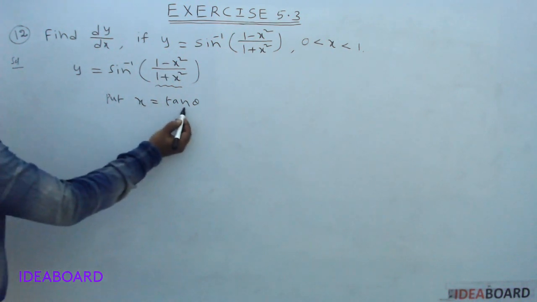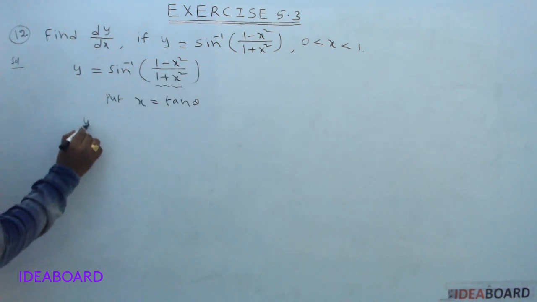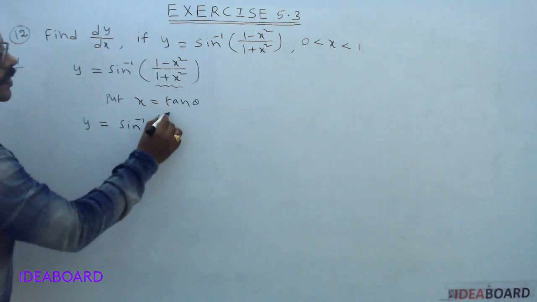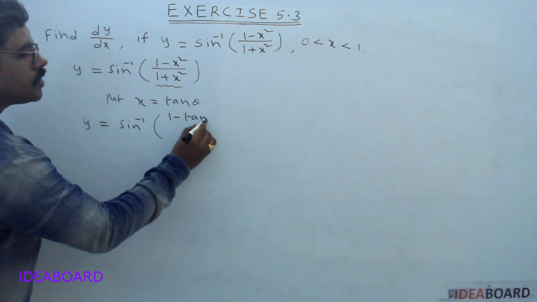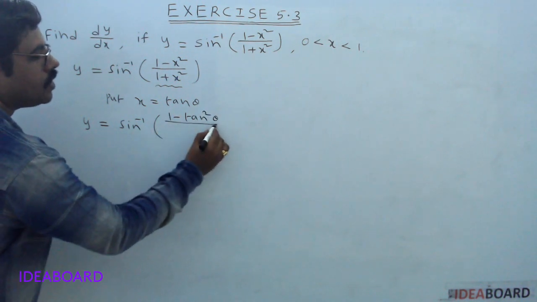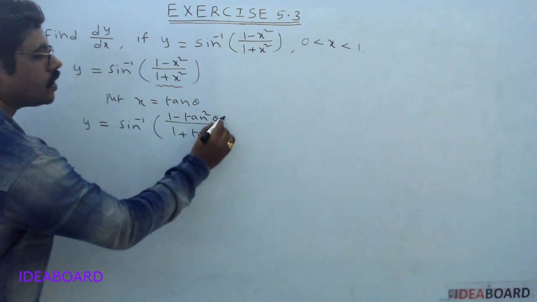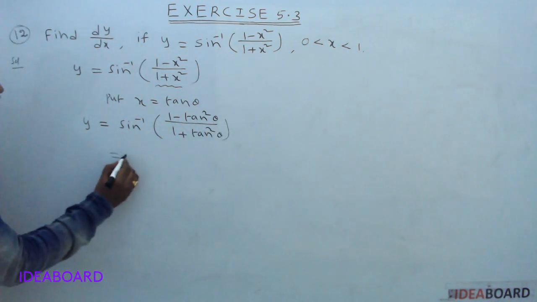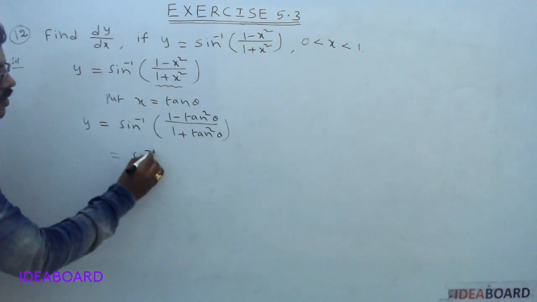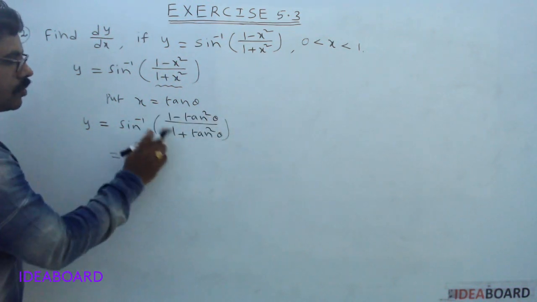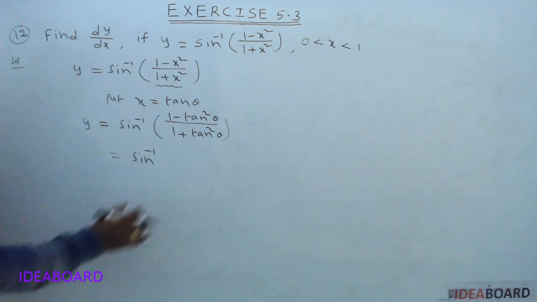Now substitute x value tan theta in this function. Y equals sine inverse of (1 minus tan square theta) divided by (1 plus tan square theta).